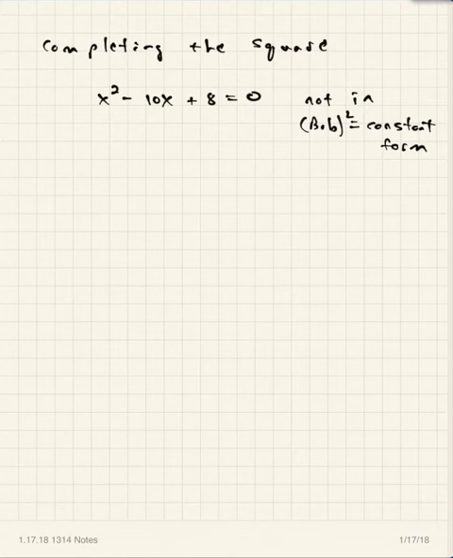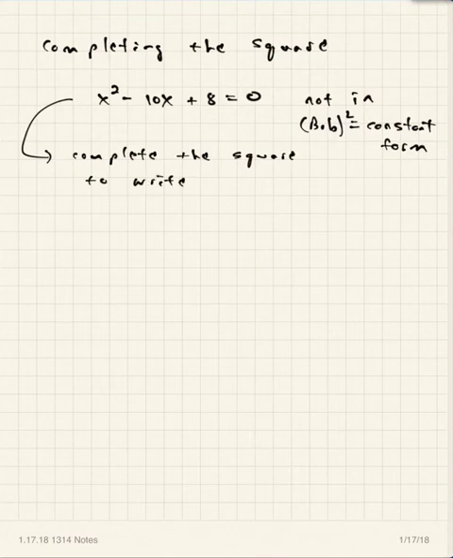So I'm going to actually write that out. Complete the square to write in something squared equals a constant form. All right, so how do you do that? How do we complete the square? All right, so let's walk through the steps.